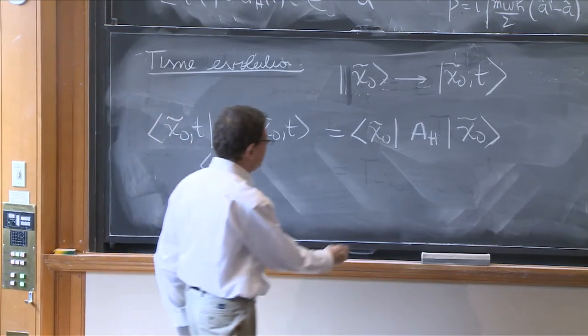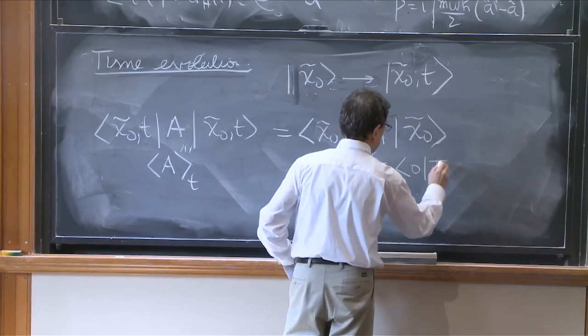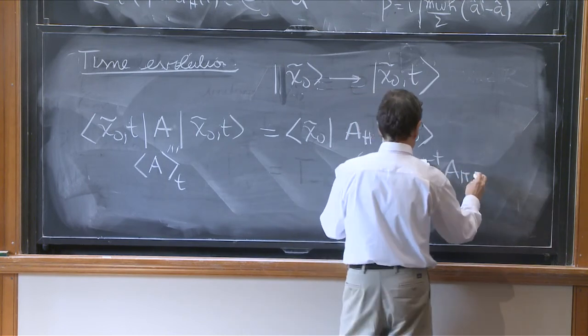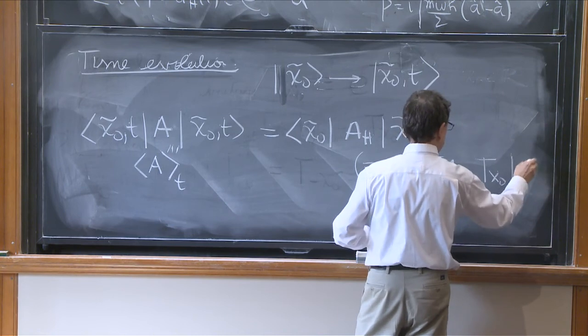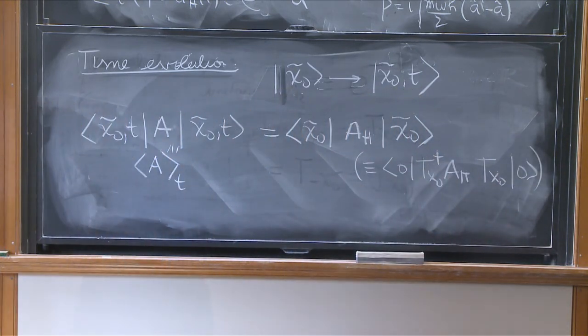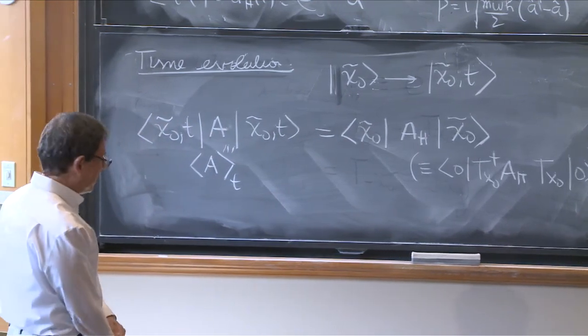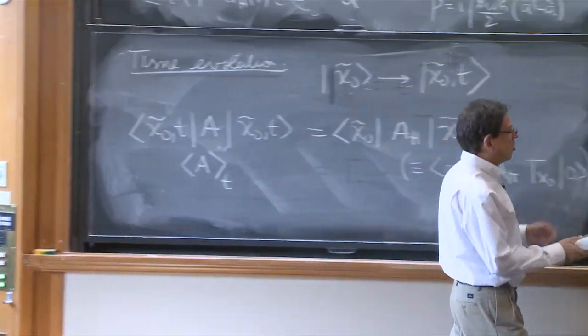So you could, if you wish, say this is equal to 0, t x0 dagger a h t x0, 0. So you can ultimately reduce it to expectation values of things on the vacuum. So, okay, we're all set. Let's try to do one.